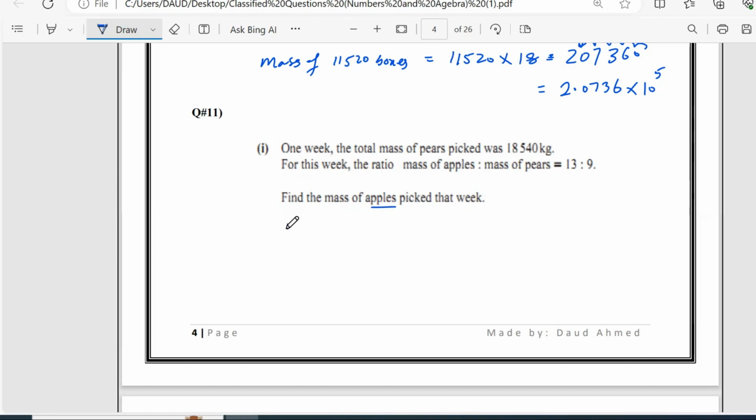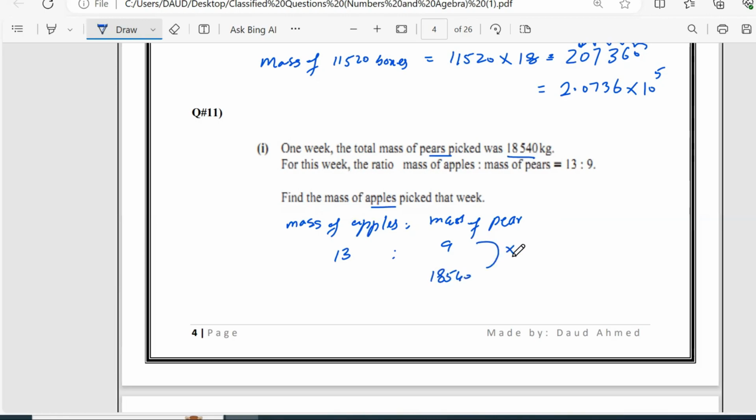That means the ratio of mass of apples to mass of pear is 13:9. Remember that we know about pears, which is 18,540.